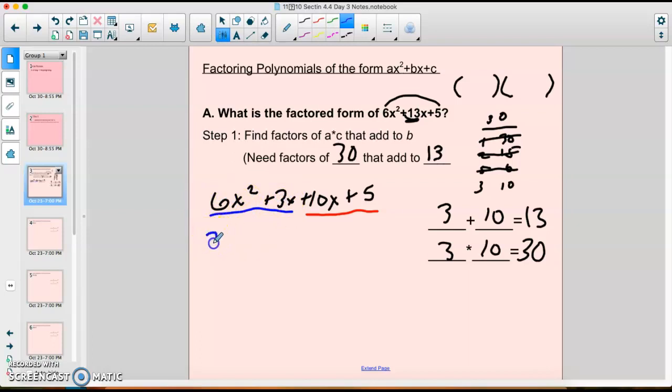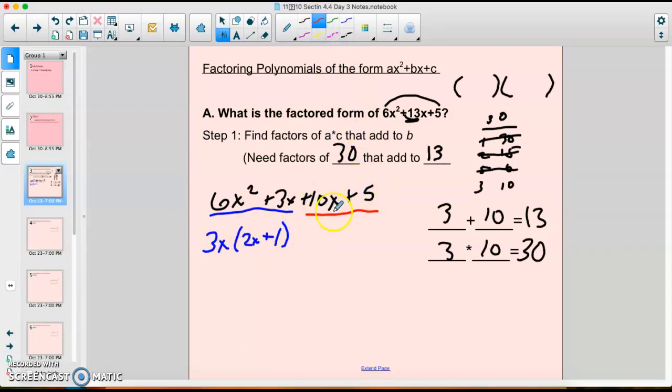We can also take out an x because they both have an x. If we take out a 3x, we're left with 2x on the first term, and just 1 on the second. Because if we were to redistribute here, we'd get 6x squared plus 3x.